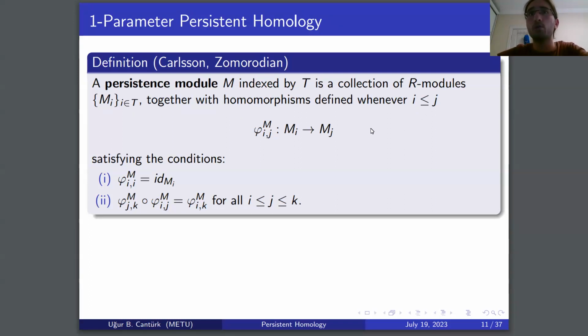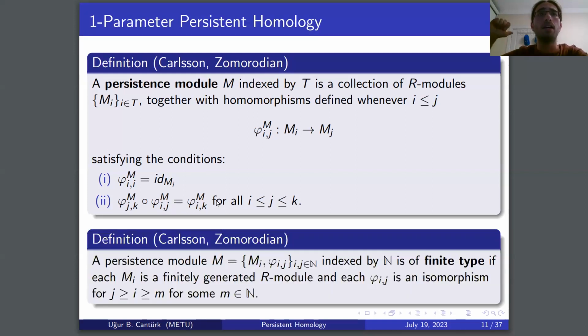If i is smaller than or equal to j, then you obtain a homomorphism between these two R-modules, and we need to satisfy two conditions. Going from i to i must be an identity map, and it must satisfy transitivity.